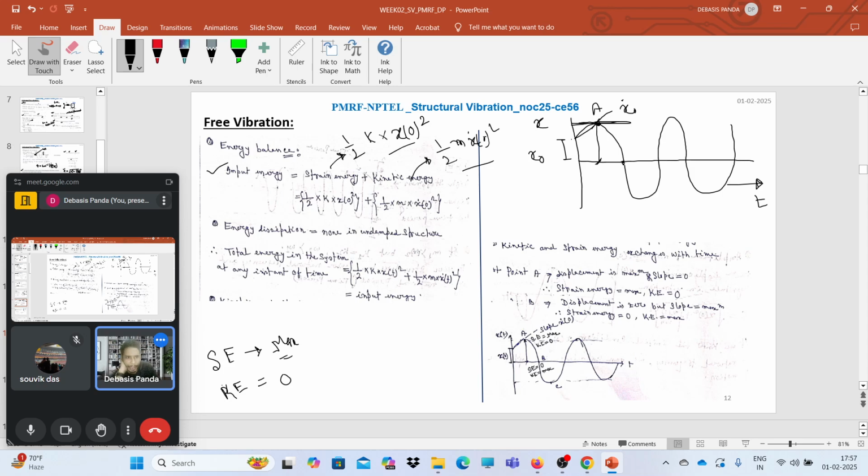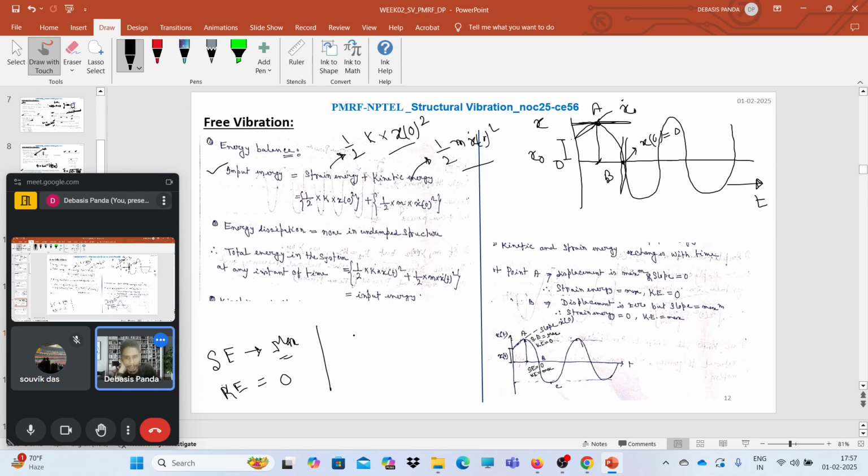Now consider point B. What do we see? The displacement becomes 0 because this is the zero ordinate, but here we have the maximum slope, which means we have maximum velocity.